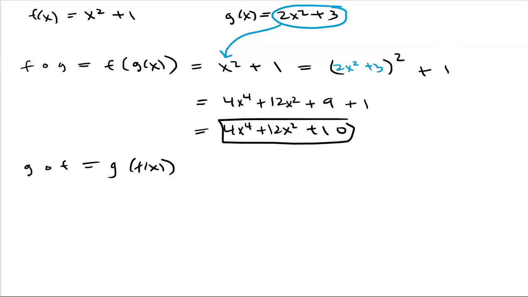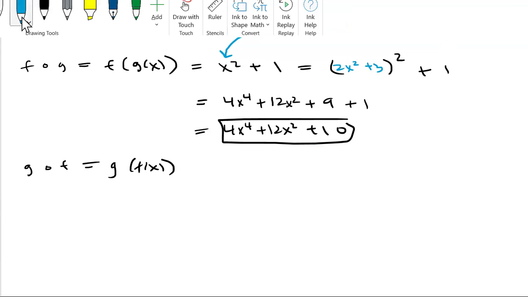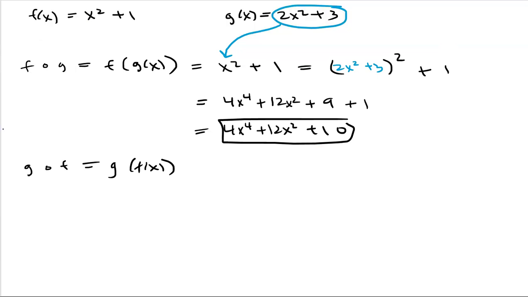All right. Now for the second one, we're going to do exactly the same thing, but in this case, instead of taking g of x and plugging in for f of x, we're going to take f of x and plug it in for g of x. So we're going to have 2x squared plus 3.